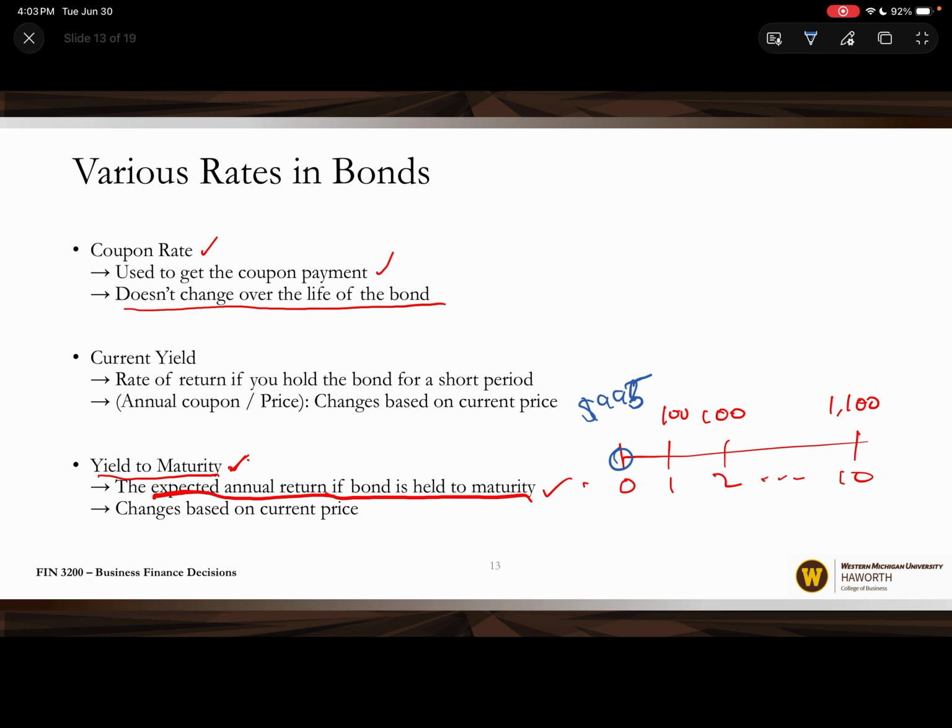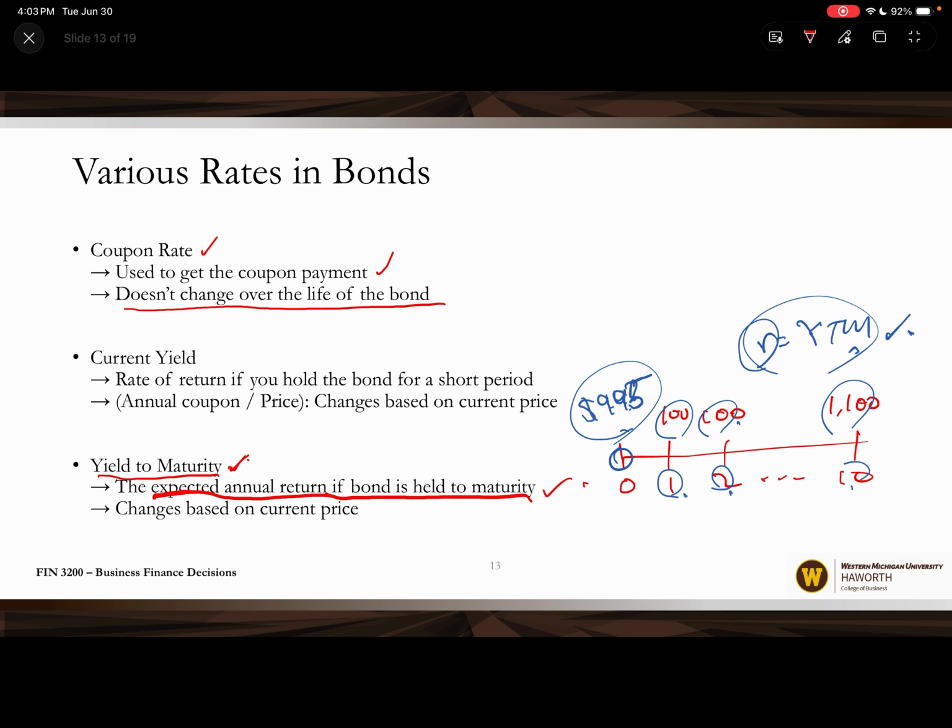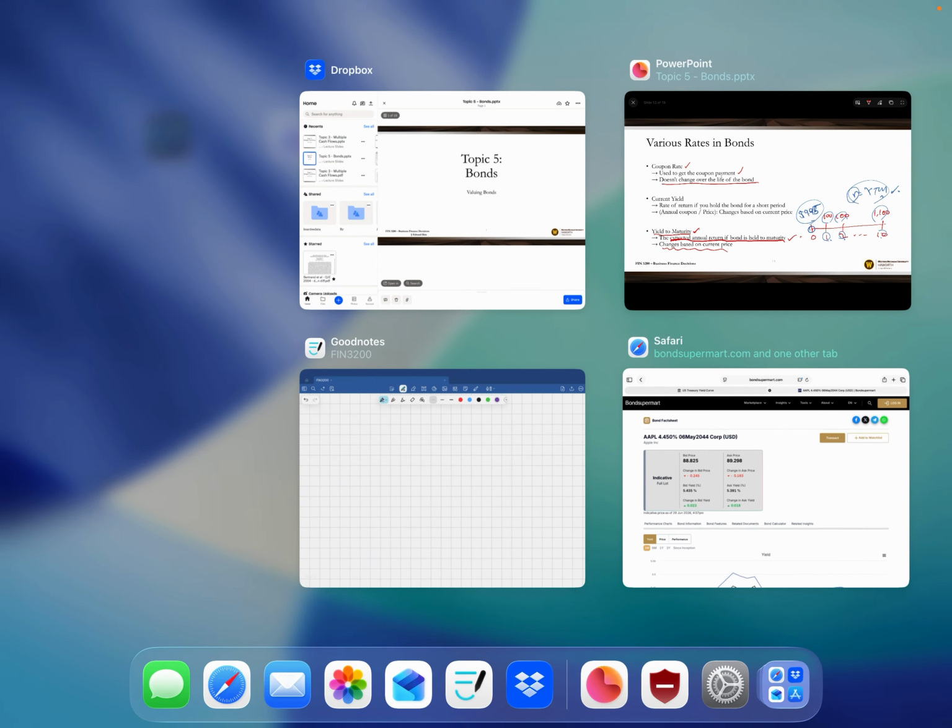If an investor pays this amount and collects these payments in these years, and if you calculate the R, the annual rate of return, that is the YTM. So it's the expected annual return if the bond is held until maturity, and this yield to maturity changes all the time.